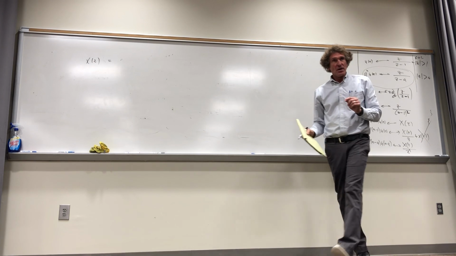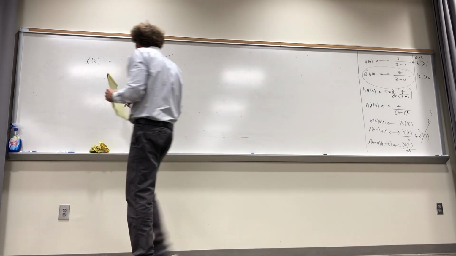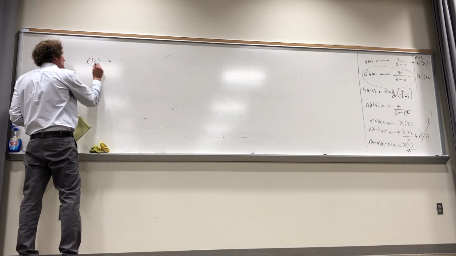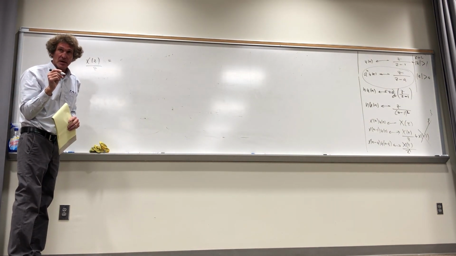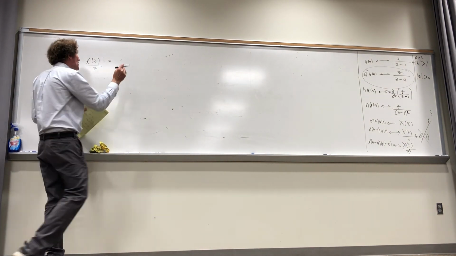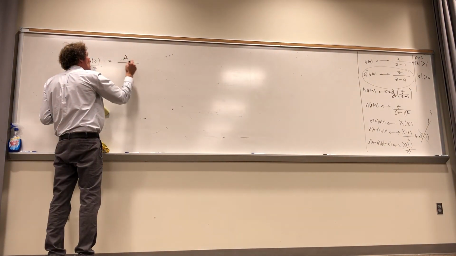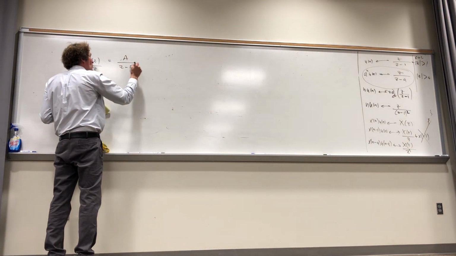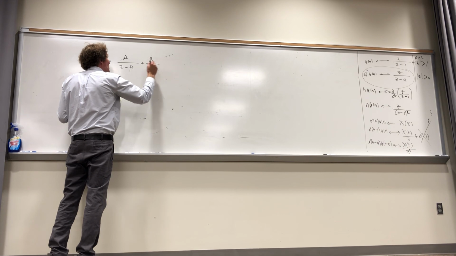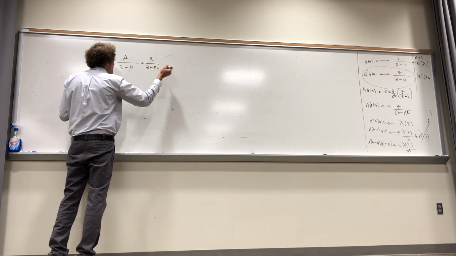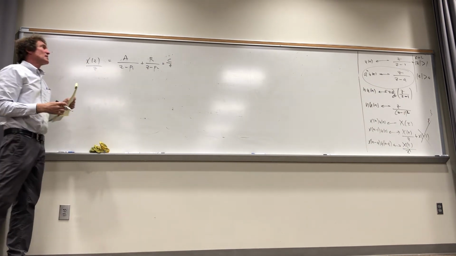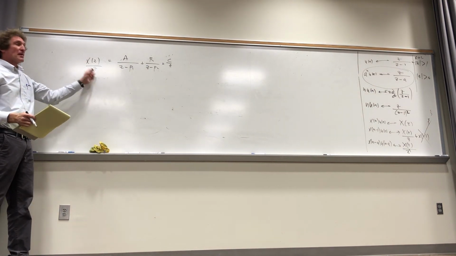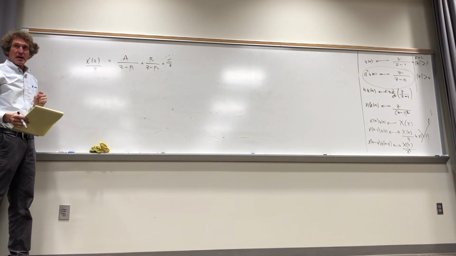So what we do is divide by z right off the bat. You take x of z over z, and then you say I have a over z minus pole 1 plus b over z minus pole 2 and so forth, plus c over z. Once you get the values of a, b, and c, you multiply by z to get x of z. Now I'm going to demonstrate this so you appreciate it.